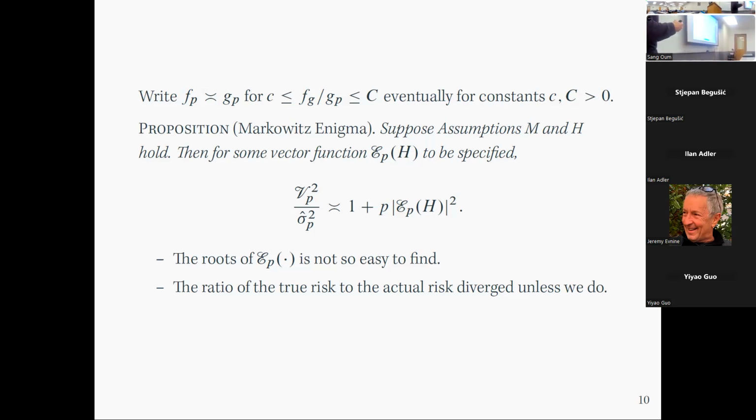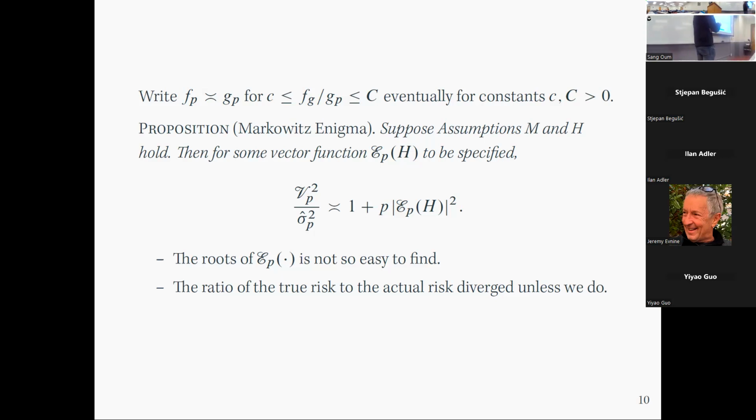So this is our characterization of the Markowitz Enigma that we started with Lisa and Alex in the audience, and that we observed on a very simple problem where H was just a single vector. But today I'm going to be discussing the case of H having many risk factors, any number Q of columns.